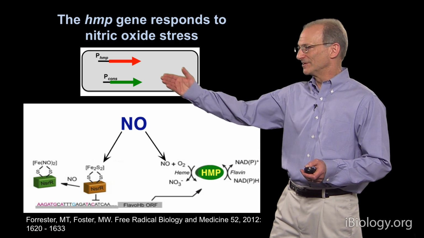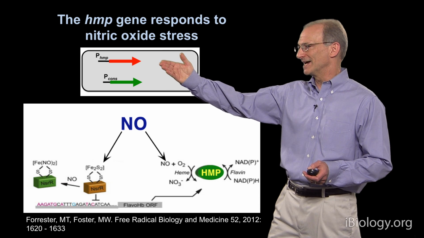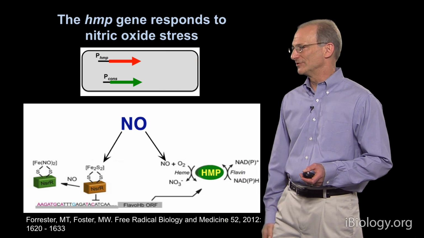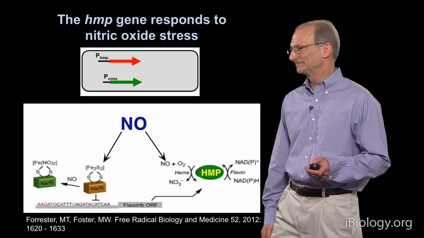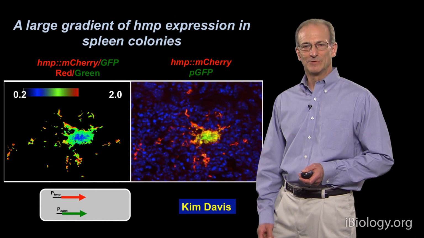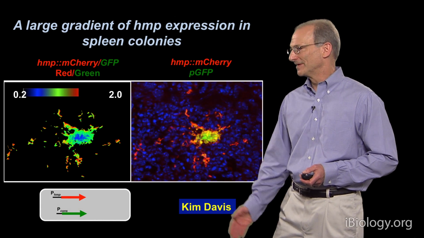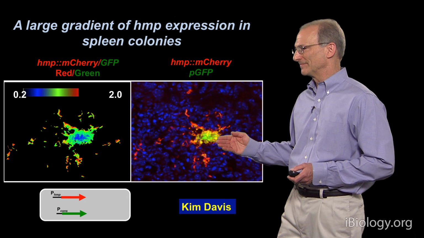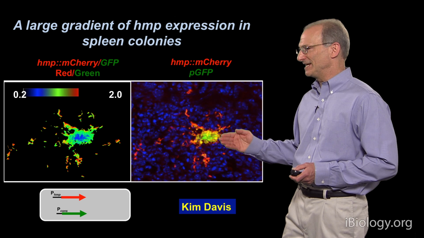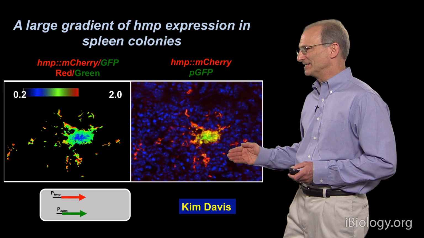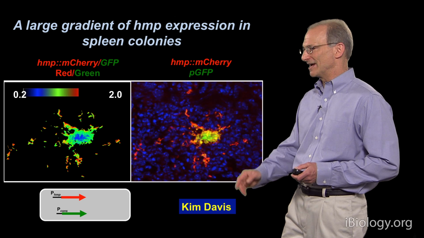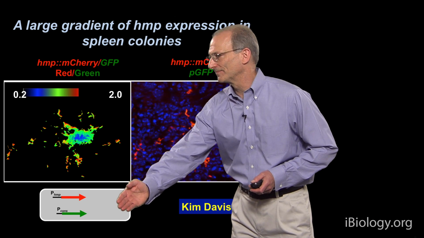So the reporter we made was very similar to the one we showed before, and that is that we have a constitutively expressed GFP, and then we have mCherry under the control of the HMP gene. So what we see is something very similar to what we saw with YadA-E, is that there is an extreme gradient of expression of the HMP gene. On the edges, where the bacteria are migrating into tissues, the bacteria are all red, so they have high HMP expression.